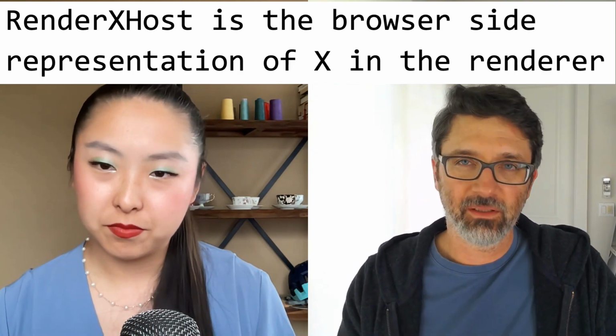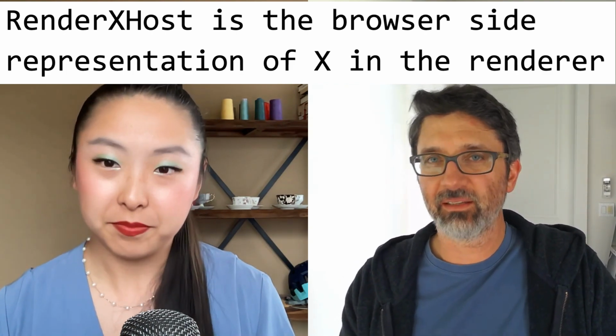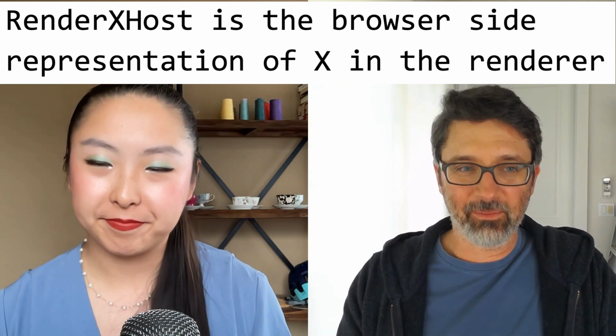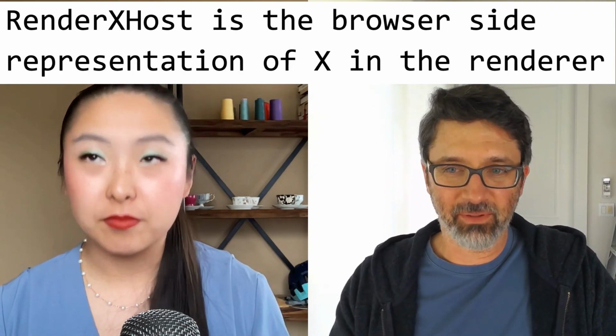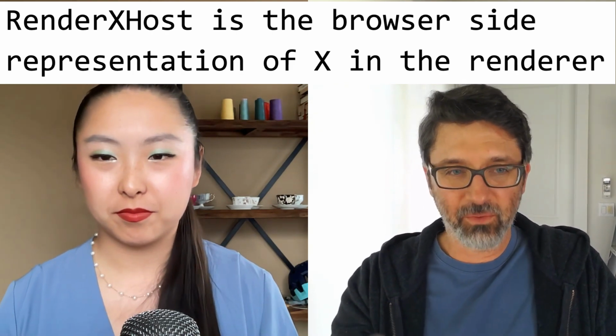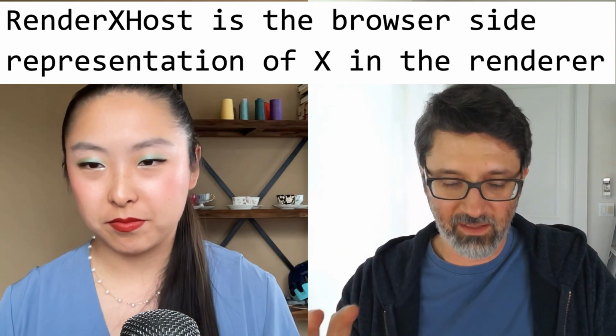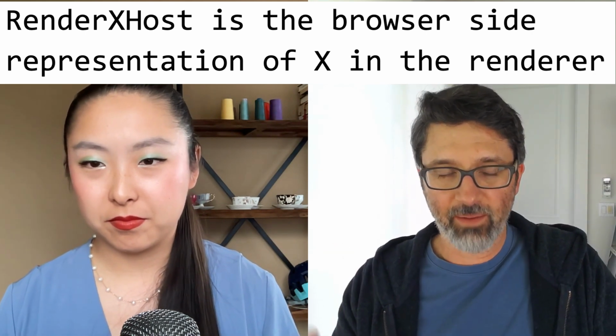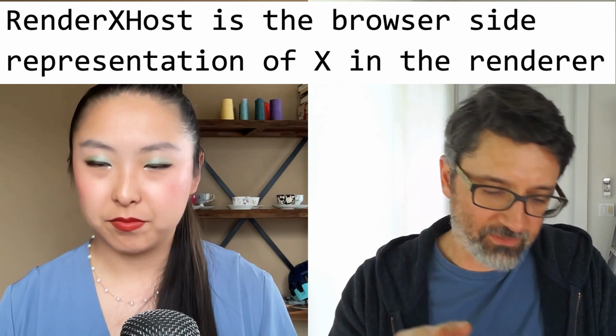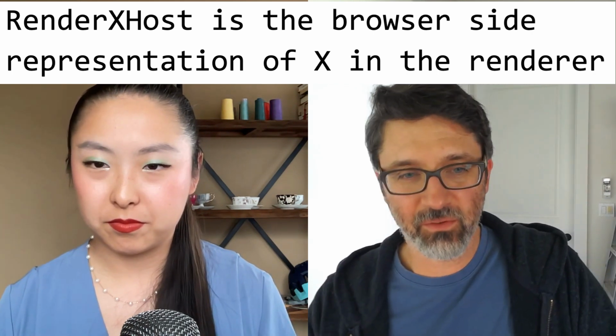The render frame host didn't exist then, but it came about because of site isolation, really. The render view host became this thing that represented the web page, with render view host in the browser and render view in the renderer.